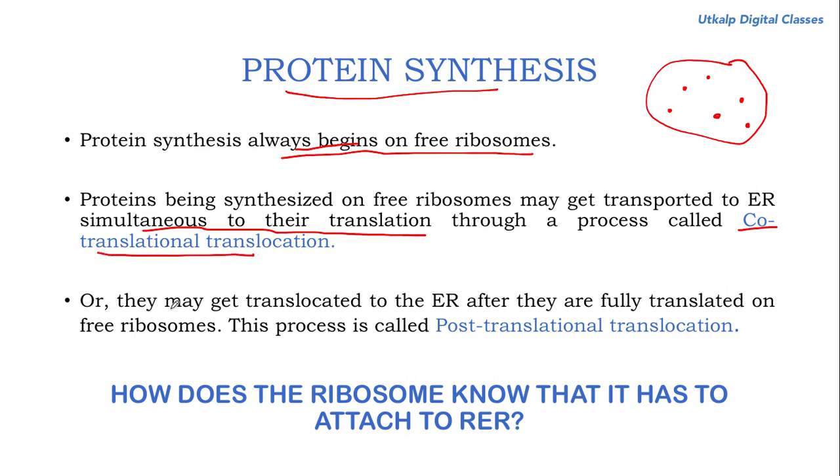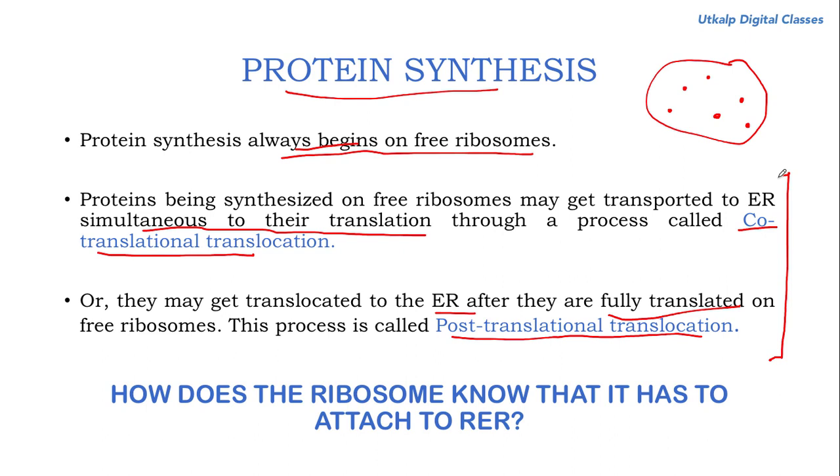Or the protein ribosome complex may get translocated to the ER after the protein has been fully translated on free ribosomes. This process is called post-translational translocation. So these are the two processes of ribosome peptide complex being transported to the ER: one is co-translational translocation and one is post-translational translocation.